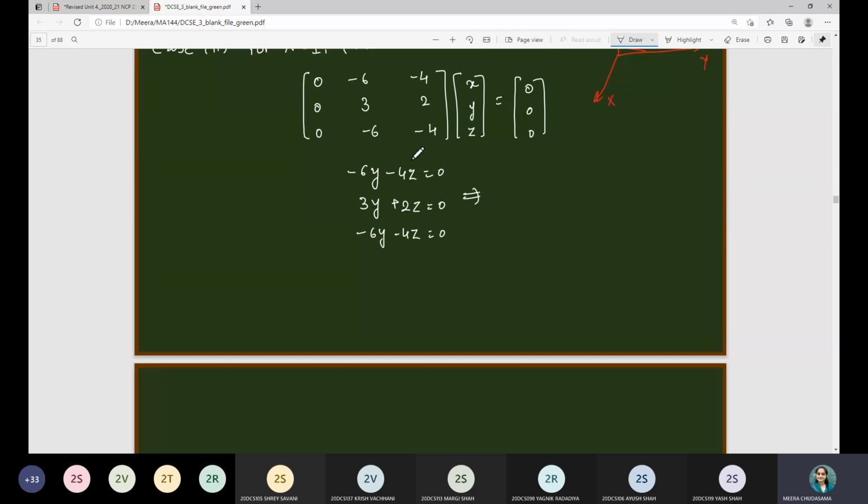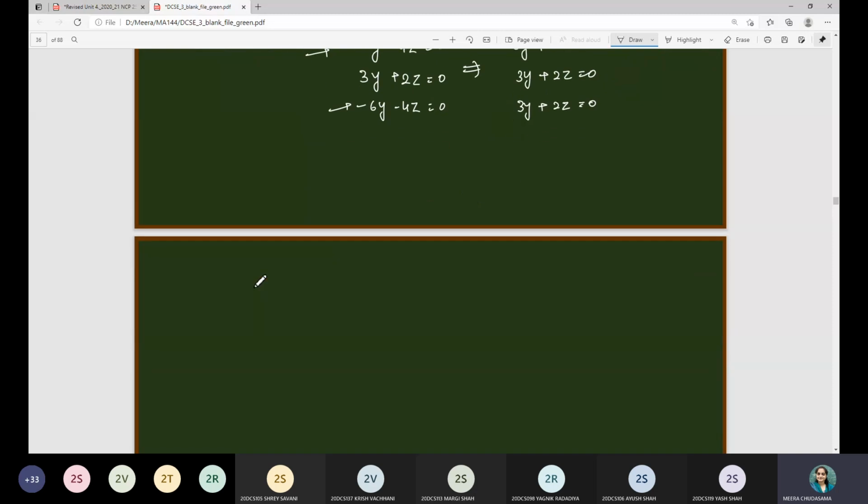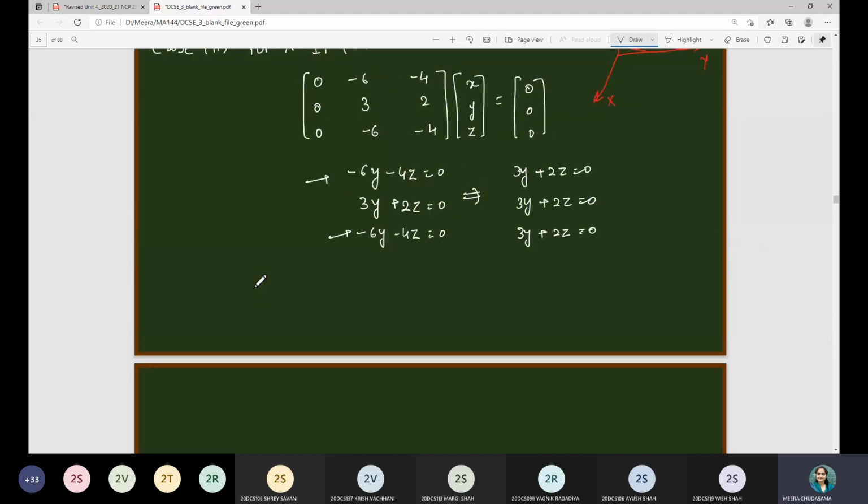Ultimately, by considering the common quantities, this is the same as 3y plus 2z is equal to 0, 3y plus 2z is equal to 0, 3y plus 2z is equal to 0, by considering minus 2 common from this one and this one. So all these three equations are the same with the coefficient of x as 0.